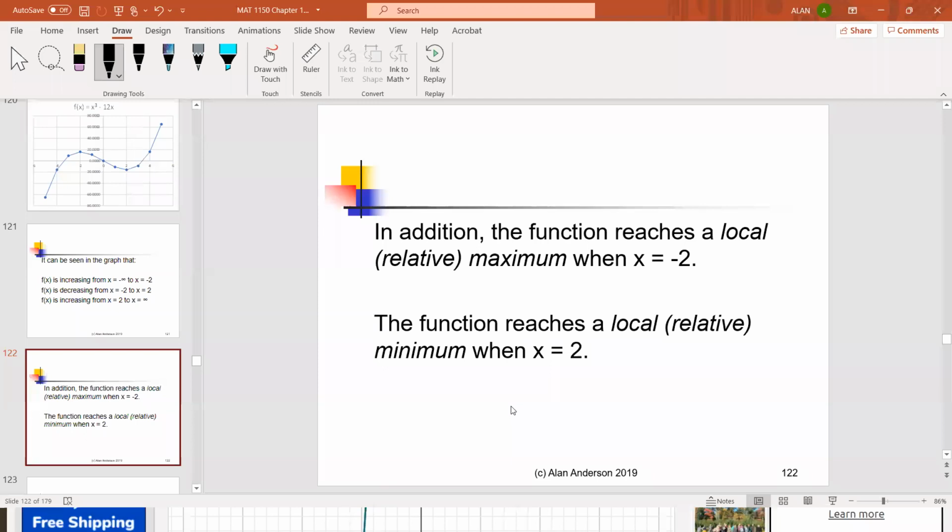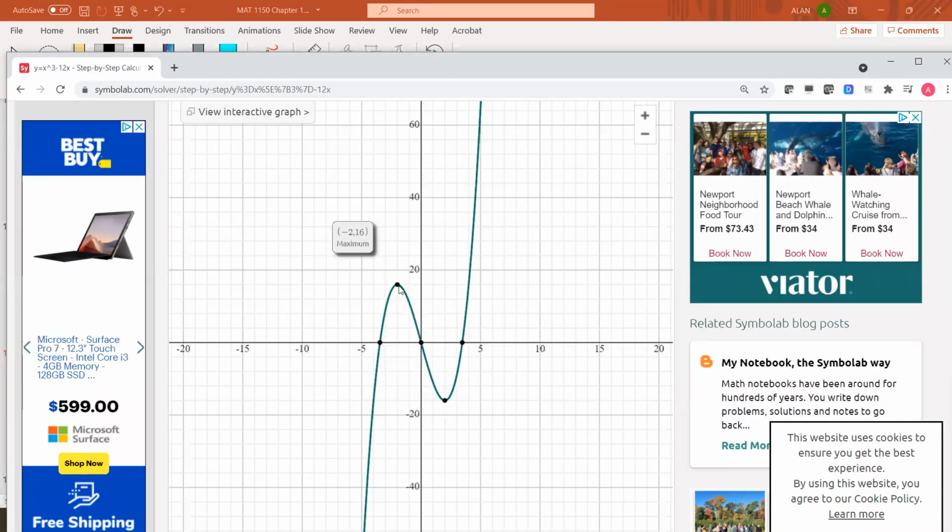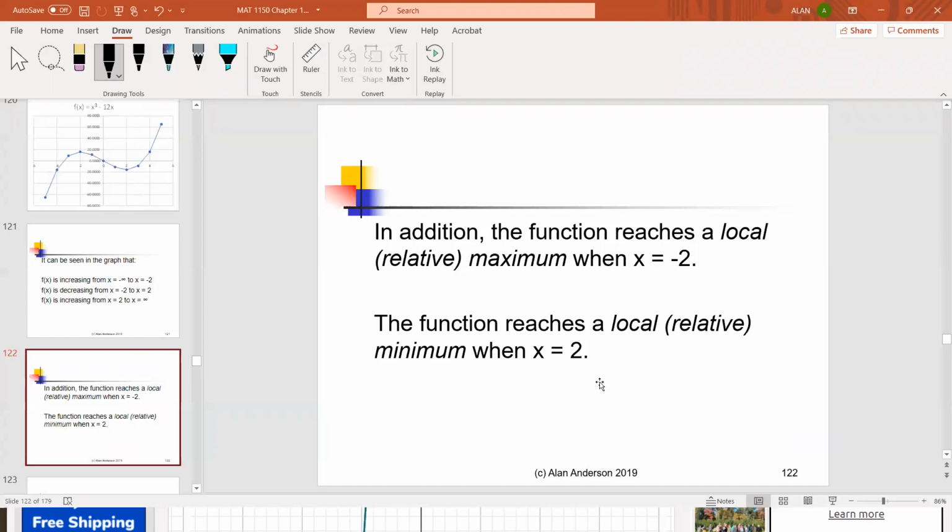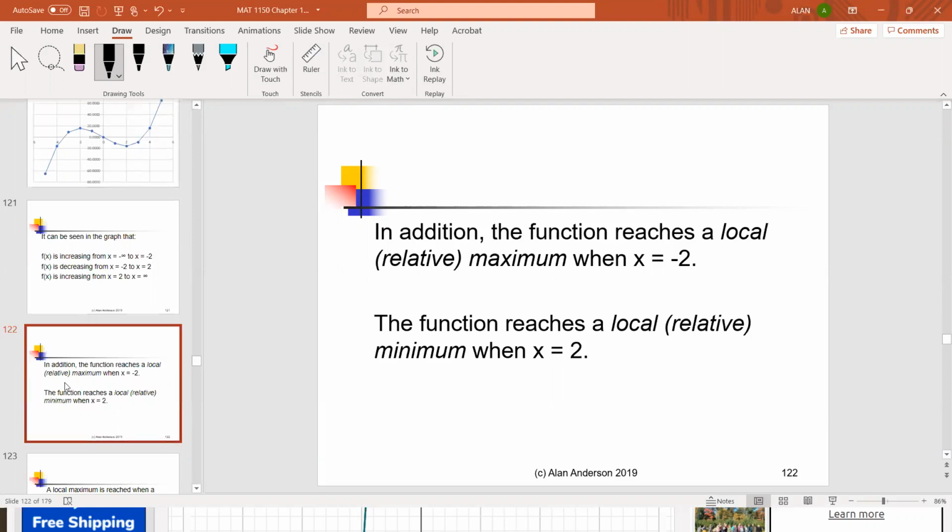And by the way, if we find a point which is greater than any other point, we call it a global maximum. And if we find a point that's smaller than any other point, we call it a global minimum. Here, these are relative. This is a relative maximum and a relative minimum.